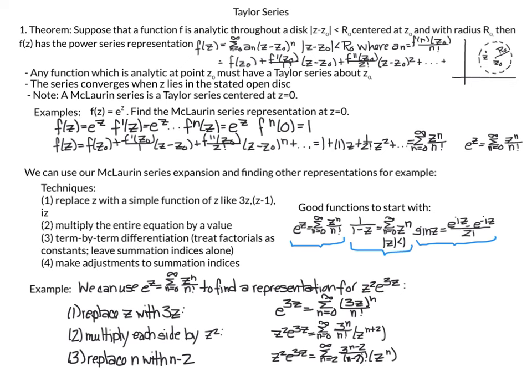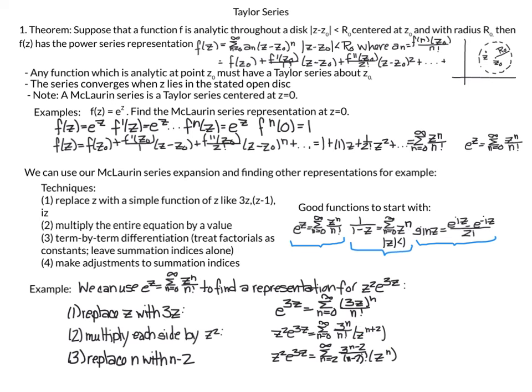So now I have z squared e to the 3z equals the sum from n equals 0 to infinity of 3 to the n over n factorial, but now I have z to the n plus a z squared, so that will give me a z to the n plus 2. Now I do actually have a series representation of what I wanted, z squared e to the 3z, but often we want this exponent on z to be just n.